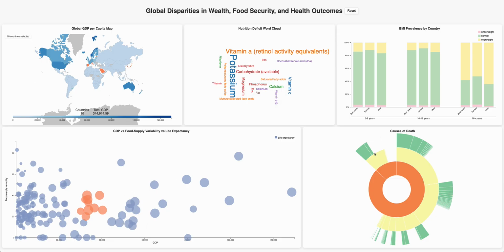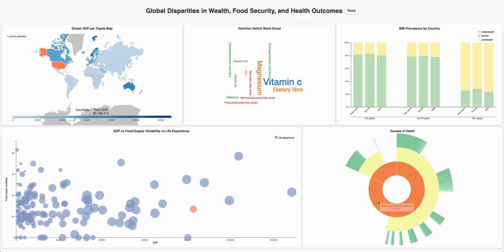The last chart is causes of death. It shows the selected countries' causes of death at 3 different levels. For example, if we choose USA, you can see the non-communicable diseases for level 1 and communicable diseases. It also shows the percentage of that disease.